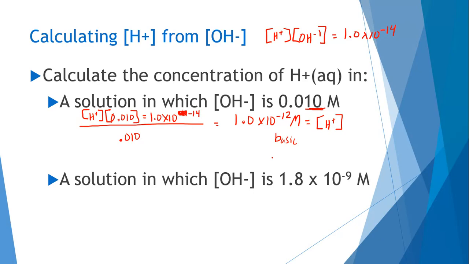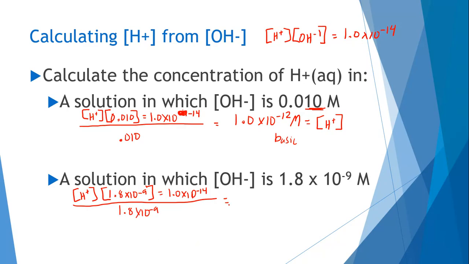We can actually solve for this other problem as well. We're going to set it up the exact same way. We don't know my H plus concentration. We are given my hydroxide as 1.8 times 10 to the negative 9, and this is always going to equal 1.0 times 10 to the negative 14th. Here, we're going to make sure that we divide by the number that is attached to my unknown, so 1.8 times 10 to the negative 9.